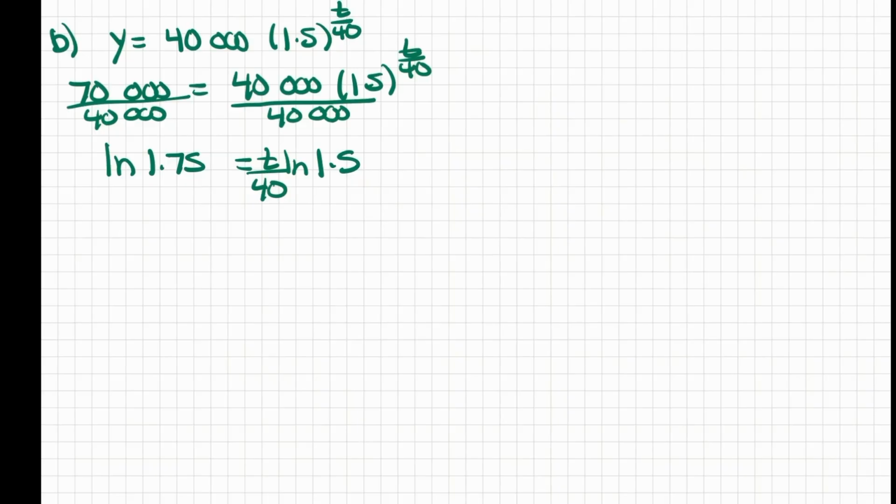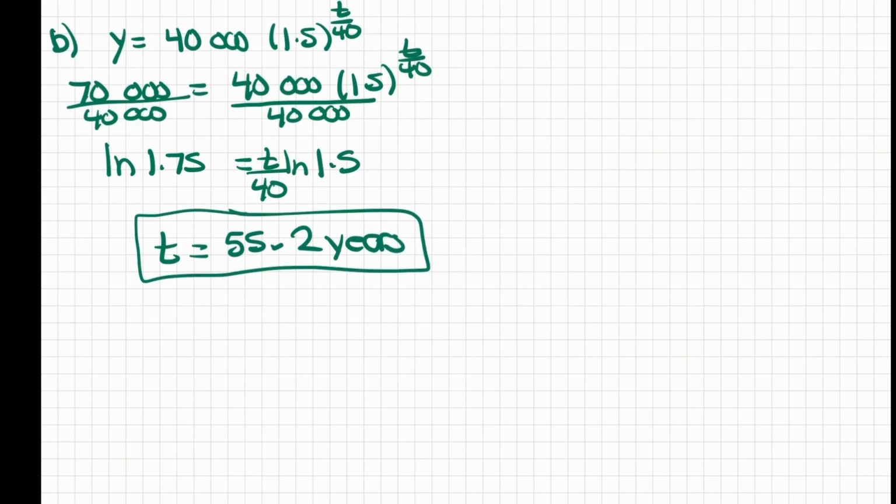Now I am going to divide this out and rearrange and solve. I am going to say that t is equal to 55.2 years. So it will take 55.2 years to reach a population of 70,000 at a proportionality rate of 1.5.